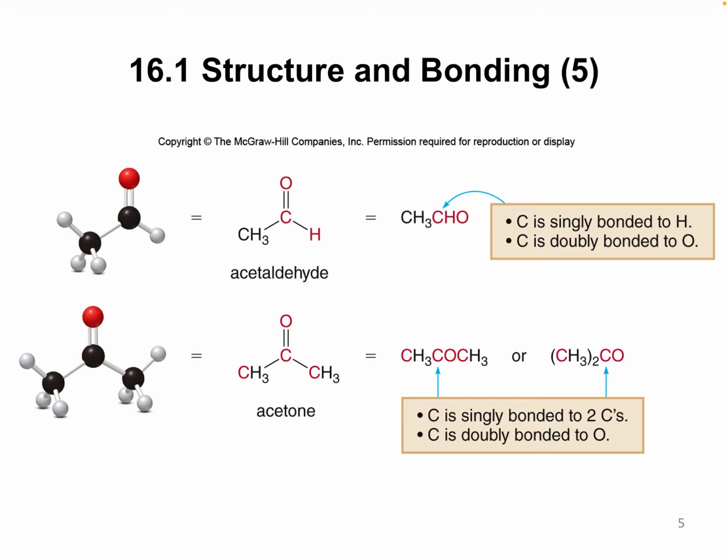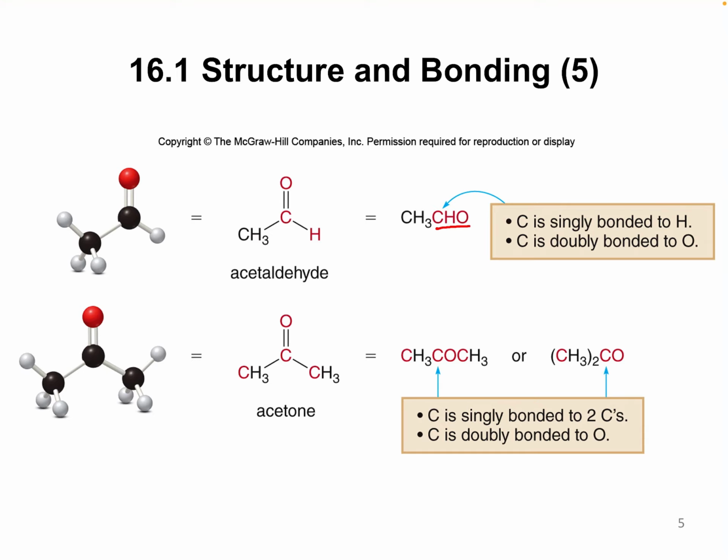So let's take a look at a couple of examples of an aldehyde and a ketone. A 2-carbon aldehyde could be called ethaldehyde or ethanal, but acetaldehyde is another common name for the same thing. So you can see that when we abbreviate that in condensed structures, CHO is our abbreviation that is the universal one for aldehyde.